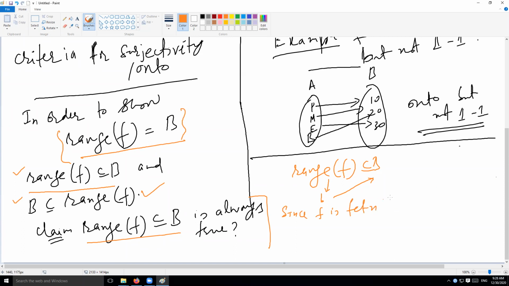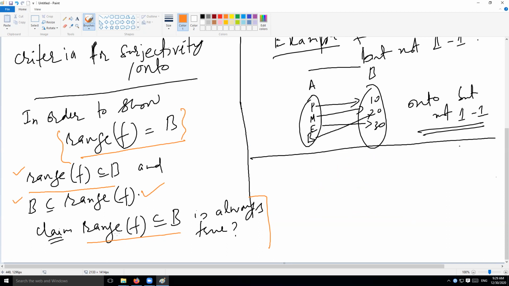So let's do it properly. It really follows from the definition of the function, but I want to see explicitly how it follows from the definition of function.